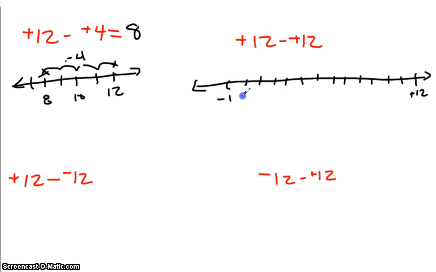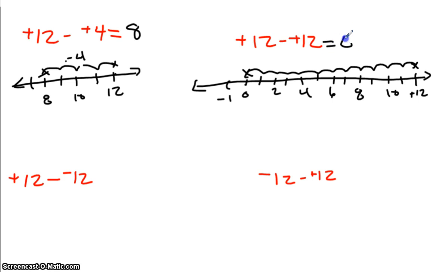If I start here and I would subtract a positive number, I'm going to move backwards 12 places, or to the left 12 places. So 1, 2, 3, 4, 5, 6, 7, 8, 9, 10, 11, 12. I end up at 0, so my answer is 0.